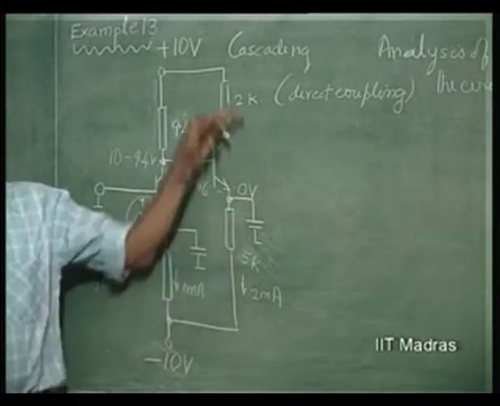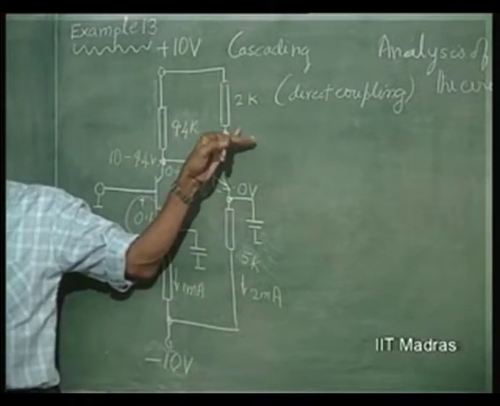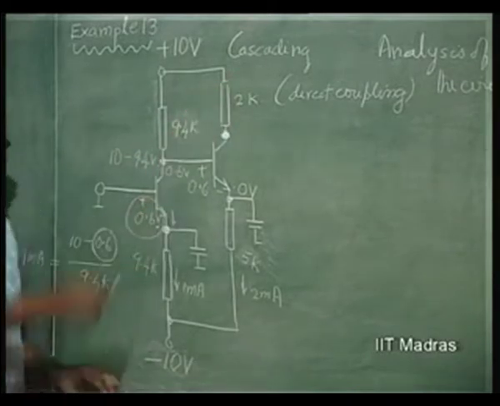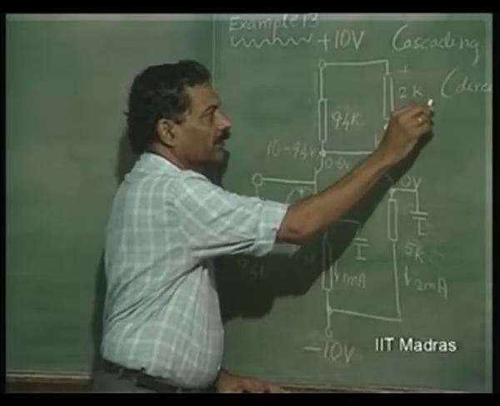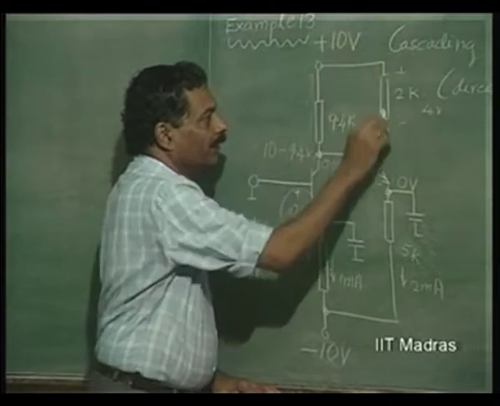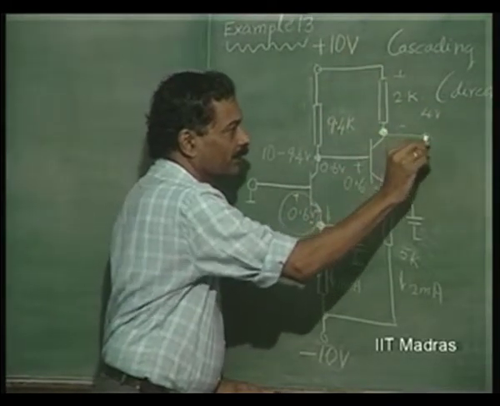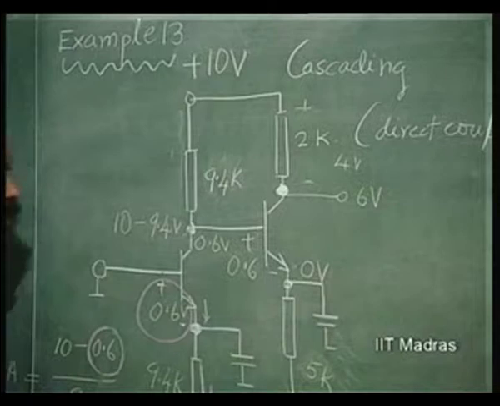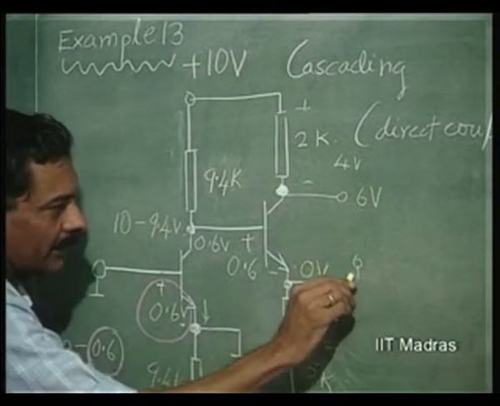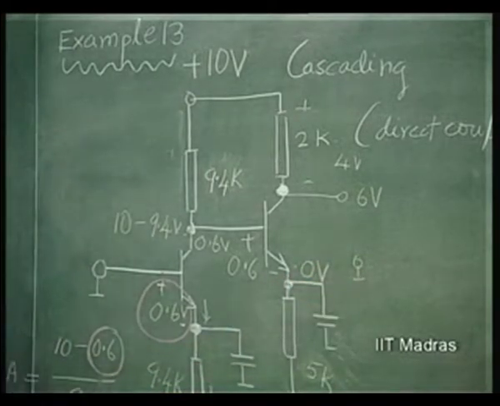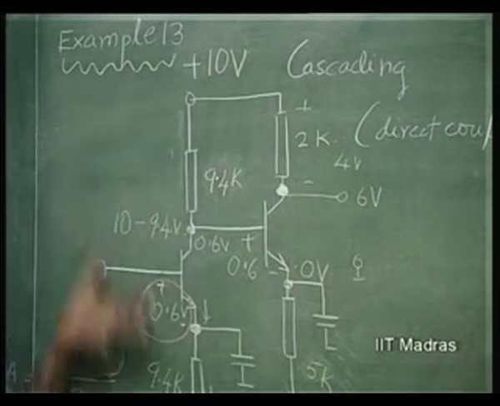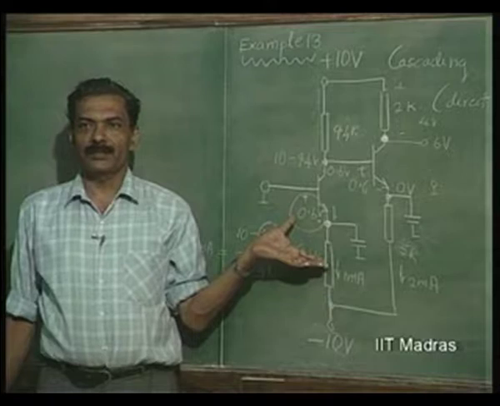This is 2 milliamperes, this is 2K, the drop across this is 4 volts, and therefore 10 minus 4 volts, that means the voltage at this point is 6 volts with respect to ground quiescent. So, the entire circuit now has been analyzed for its quiescent condition.